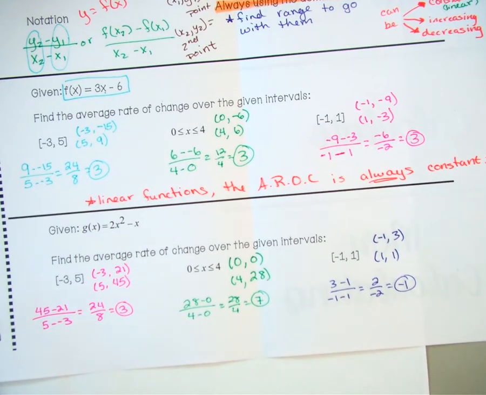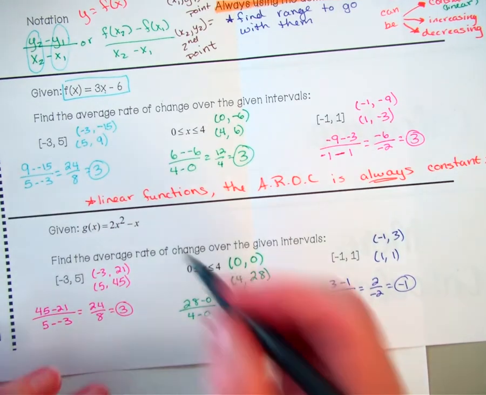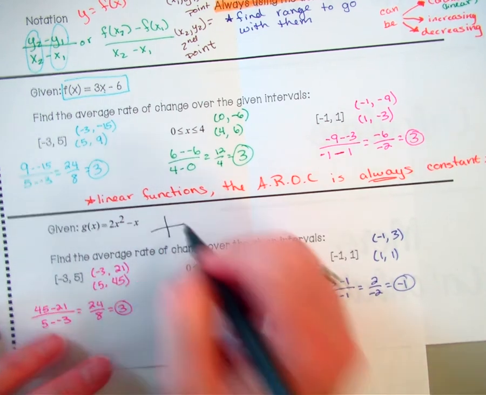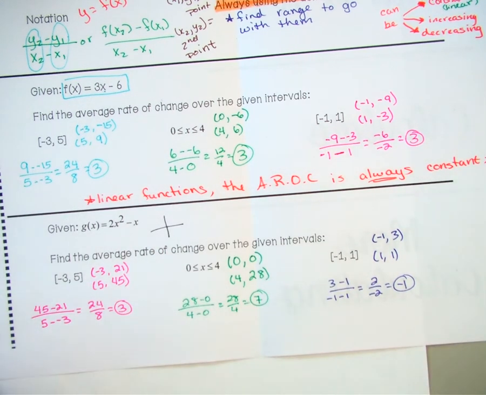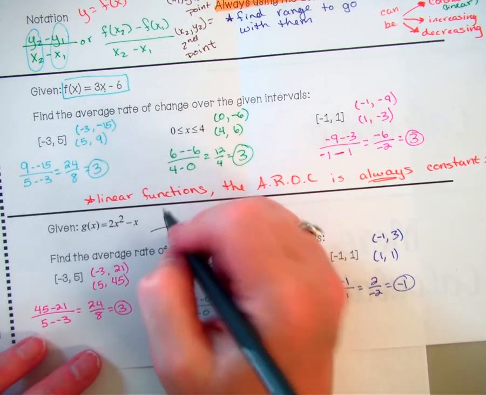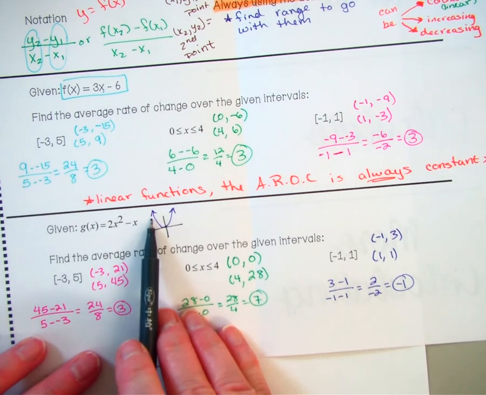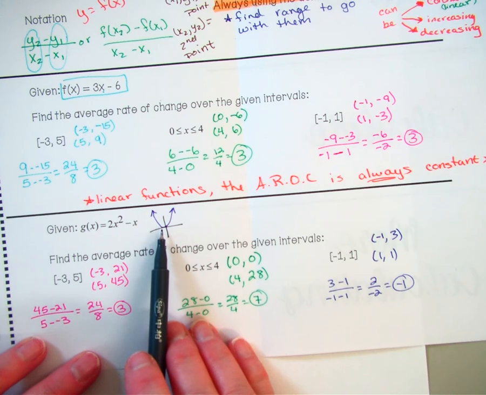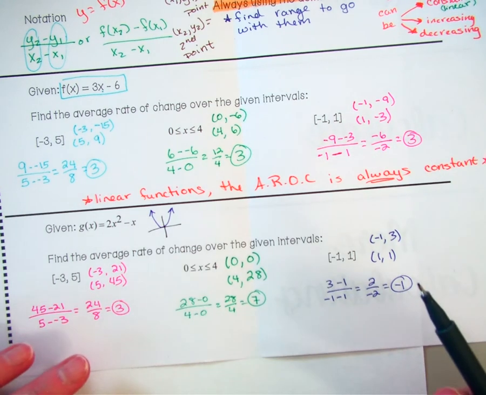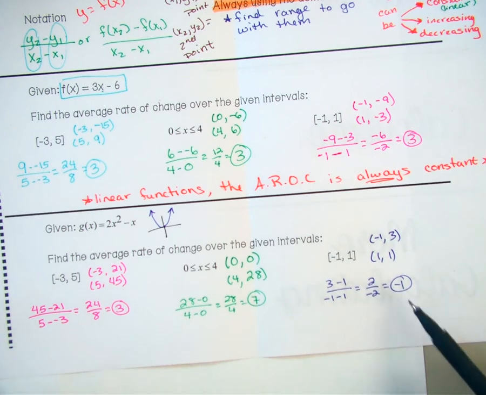Which does actually make sense for our quadratic function if I draw a quick little sketch of it. That's going to be going up, and this side of it is decreasing. So yes, I should have a negative at some point because part of my quadratic is decreasing. That is perfectly fine for that to be there.